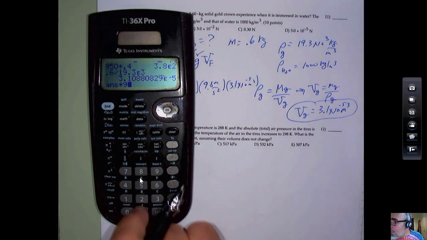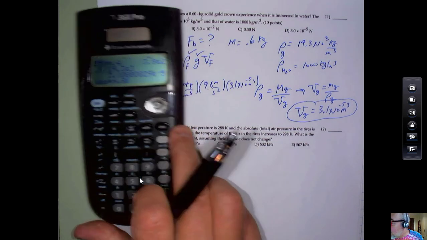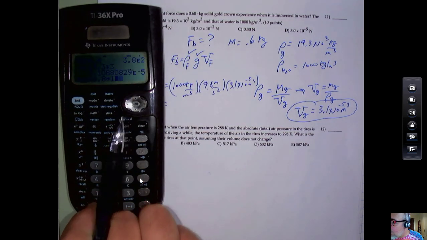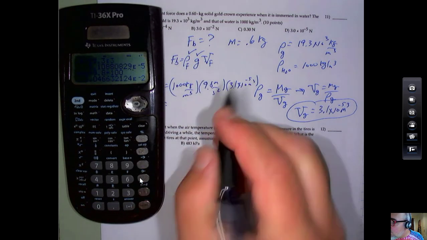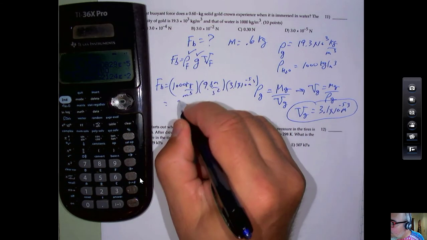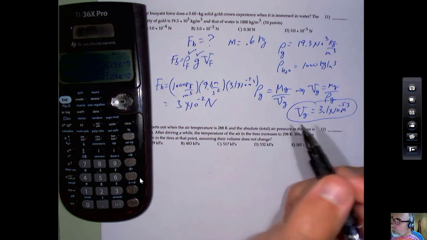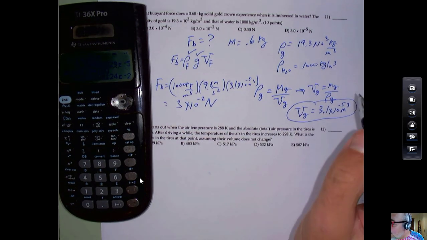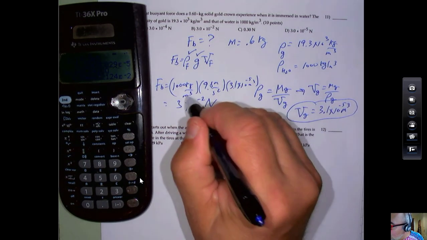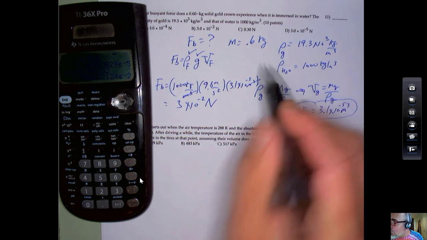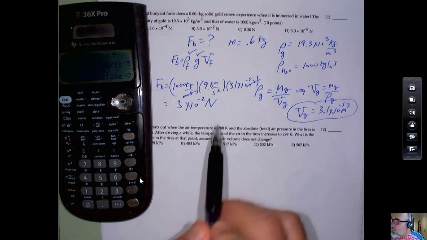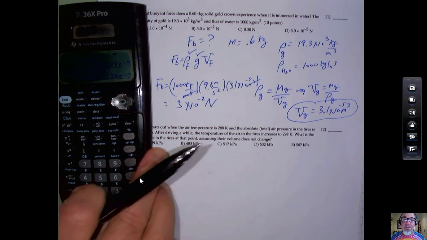Times 9.8 times 1,000. So pretty small here, 3 times 10 to the minus 2 newtons. You can see the units would come out in newtons: the cubic meter and this cubic meter cancel, leaving kilogram meter per second squared, which turns out to be newtons.